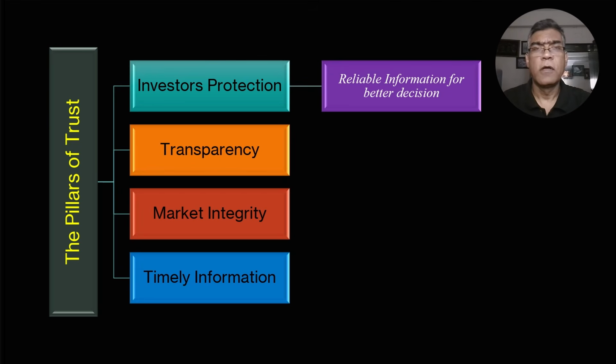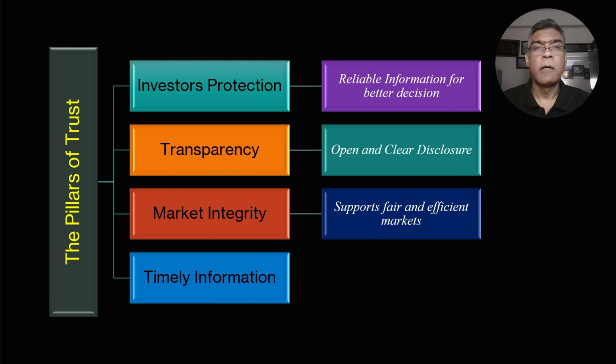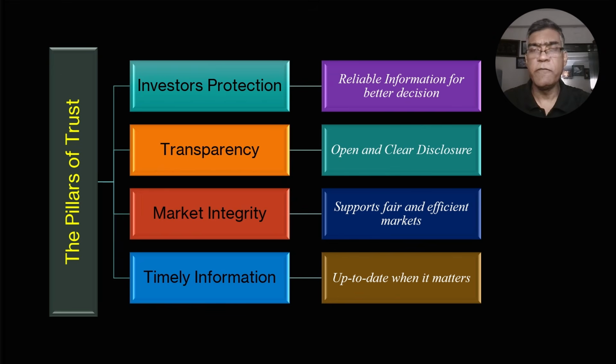So, investor protection, ensuring investors have reliable information so they can make better decisions. Transparency, promoting open and clear disclosure, so nothing important is hidden. Market integrity, supporting fair and efficient markets where everyone plays by the same rules.